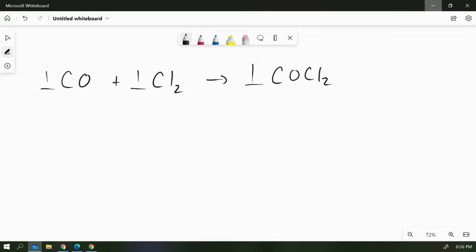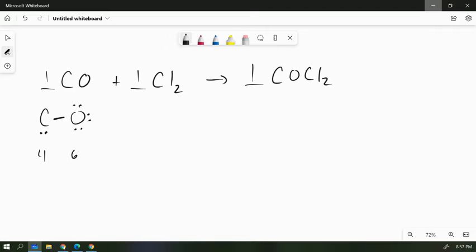Now we need to draw the Lewis structures on both sides. CO, we just have C and O, bonded together. Total number of valence electrons is 4 for carbon and 6 for oxygen. That's 10. We have 2 here, 4, 6, 8, and 10.